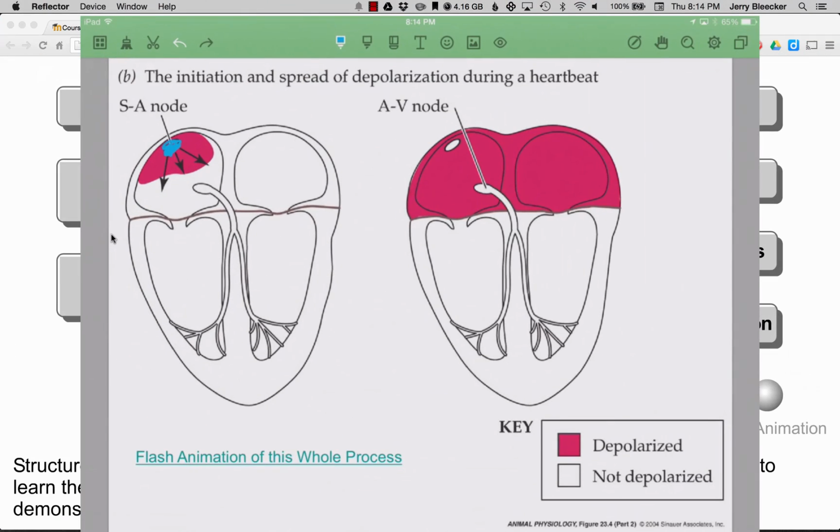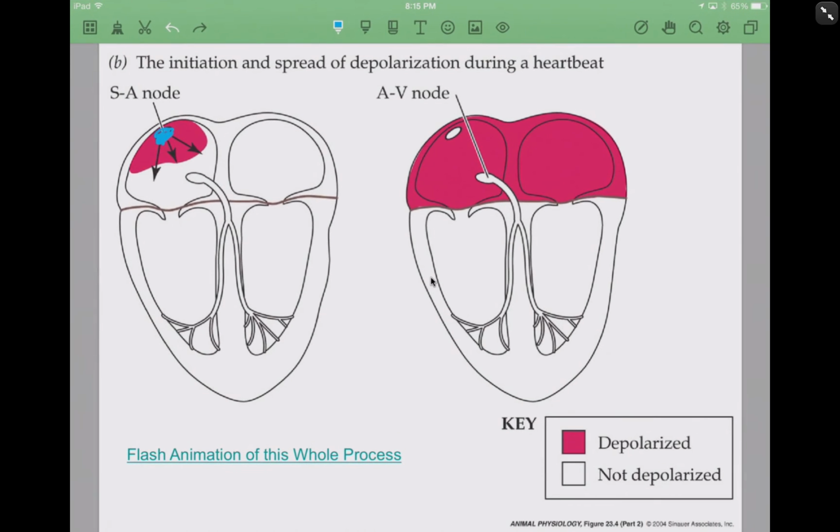Go back here. There we go. And I'll go to full screen. Fewer distractors that way. And your notes are just a summary of this, where the SA node will cause both of these atria to more or less fire.